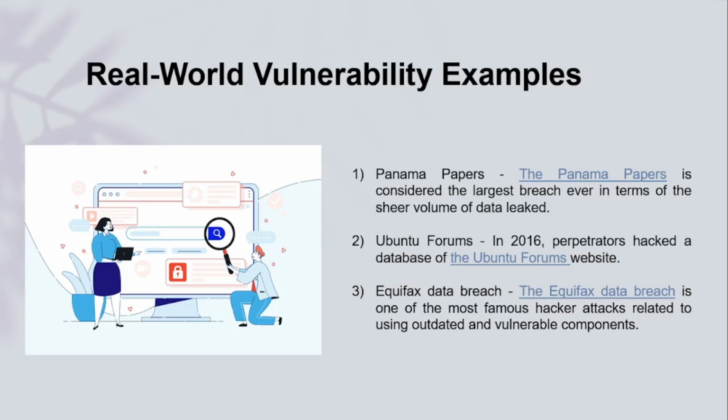Ubuntu forums. In 2016, the database of the Ubuntu forums website was hacked. The bad guys leveraged an SQL injection flaw in the forum runner add-on for vBulletin, which had not yet been patched.